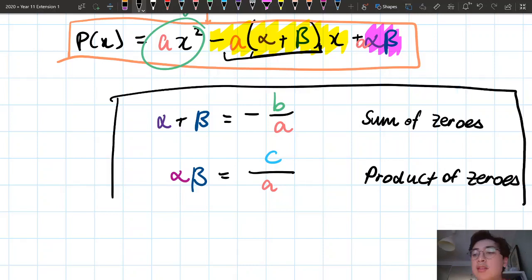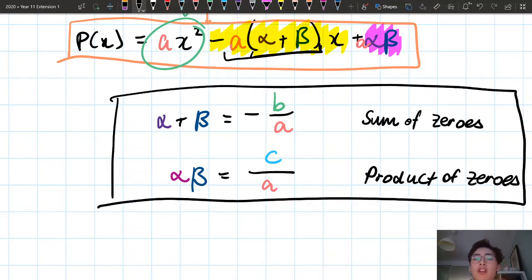In the next section of the Extension 1 course, we're going to be working with these two relationships. In particular, we're going to be manipulating the stuff on the left-hand side and using these two facts and the relationships they give us to establish a few relationships. It will also help us to find the roots of a polynomial when we have a few of them already given to us, and to establish a few algebraic relationships and identities as well.